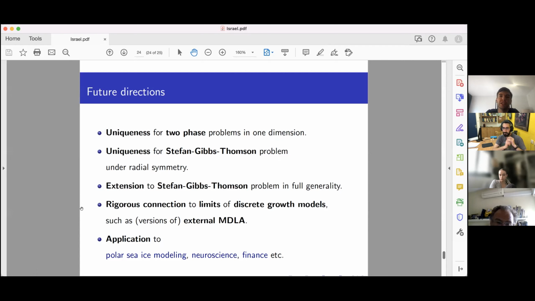So for example, you can hope to get something like the Sidorovicius-Stauffer results on external DLA, that for high enough concentration of particles, you are growing at a certain rate. So you might be able to get the scaling behavior of the diameter of your external DLA and things like that.